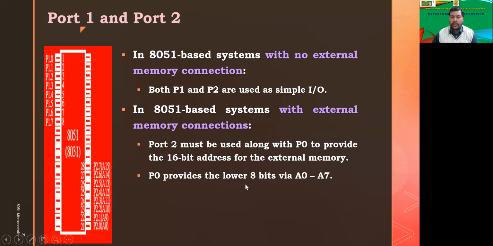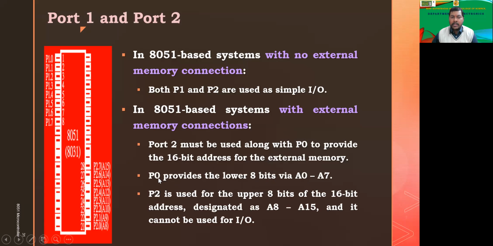So port 0 provides the lower 8 bits via A0 to A7, as I've told you in the earlier slide, whereas P2.0 to P2.7 provide the higher order address bus. So P2 is used for the upper 8 bits of the 16-bit address, designated as A8 to A15, and it cannot be used for input output.